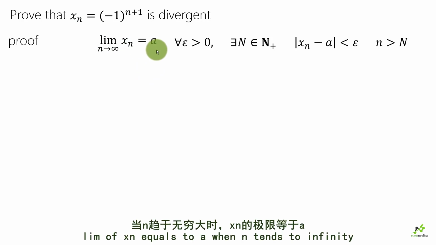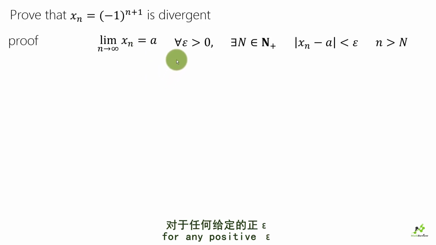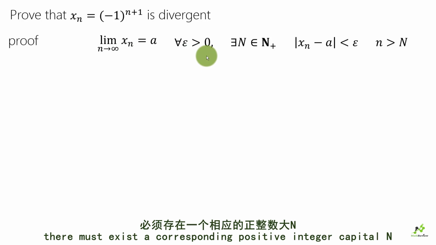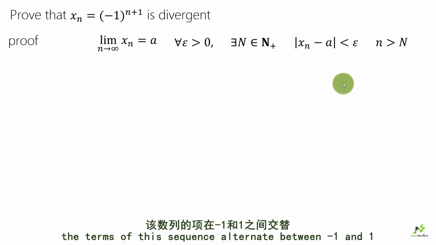We write limit of xn equals a when n tends to infinity. According to the definition of a limit of a sequence, for any positive epsilon, there must exist a corresponding positive integer N, such that this inequality holds for any n greater than N. The terms of this sequence alternate between -1 and 1.